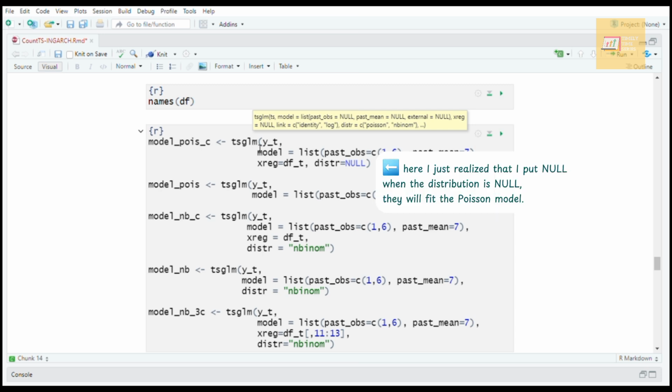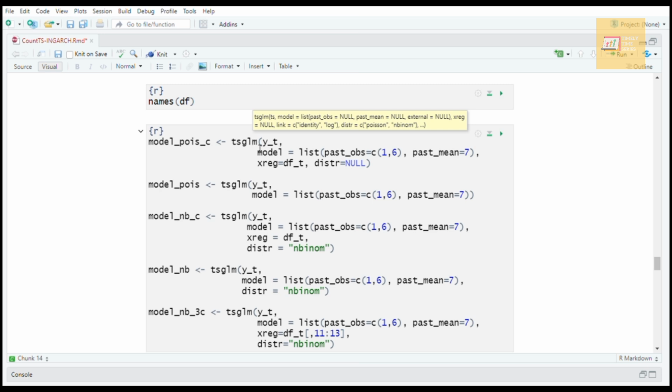The default is Poisson, so if I want to assume a Poisson distribution, I don't need to specify it further. But for models with negative binomial, I need to set it again. Okay, so let's look at the first model. It is named model Poisson C, which means I'm going to use the covariates.